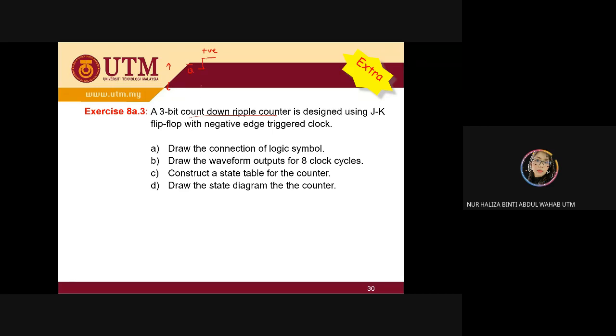If I have negative counting down, I'm going to connect to my Q. So it will be vice versa. For my negative clock, this will be Q and this will be negative or Q bar. Is it correct or not?